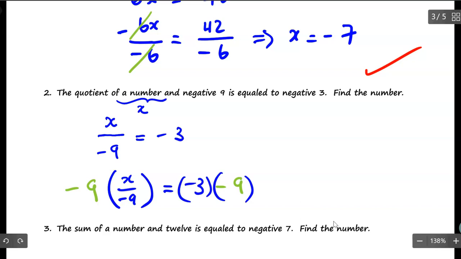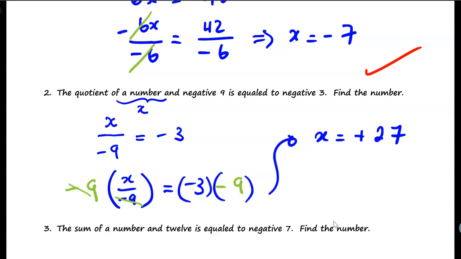And now you see that this one and this one cancel. So what I have left is x is equal to positive 27. Alright, okay. So when x equal to positive 27, I will say a quotient of 27 and negative 9 is equal to negative 3, which is quite true.